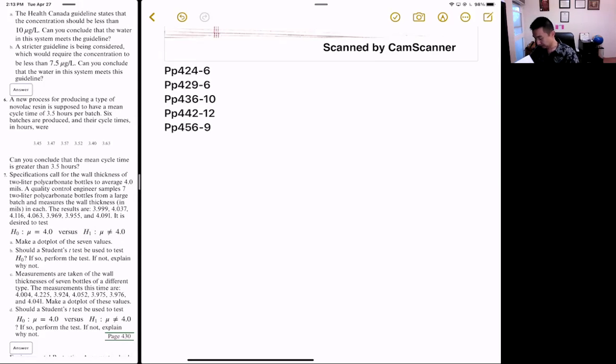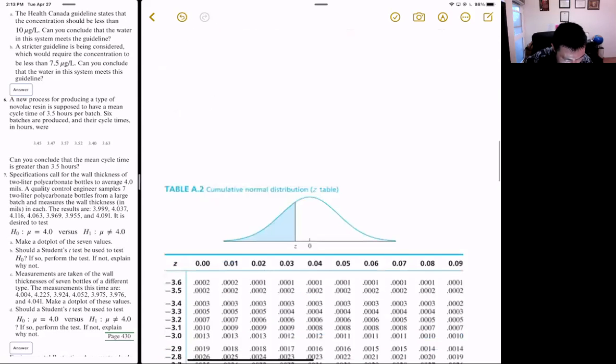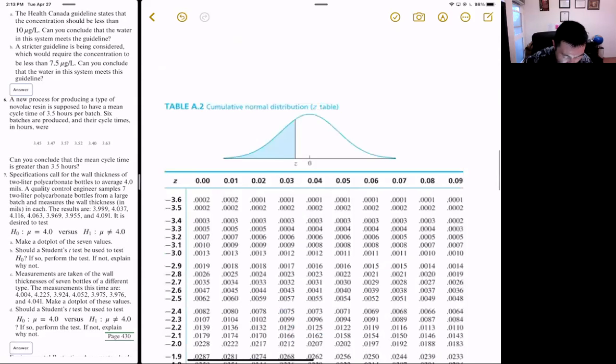So let's read the question together. A new process for producing a type of Novalec resin is supposed to have a mean cycle time of 3.5 hours per batch. Okay, 6 batches are produced, and the cycle times in hours are shown here. So can you conclude that the mean cycle time is greater than 3.5 hours?